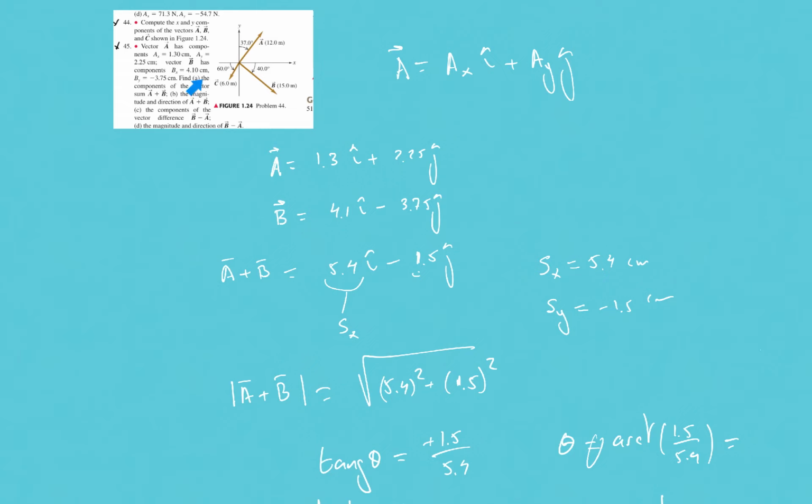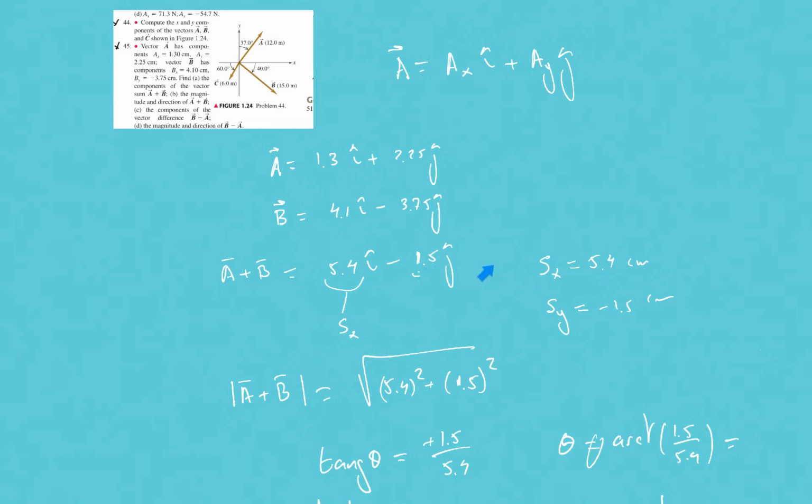The question says find the components of the vector sum. The vector sum is summing the x with the x, the y with the y. So if I didn't make any mistake, 2.25 minus 3.75 is minus 1.5, and 1.3 plus 4.1 is 5.4.